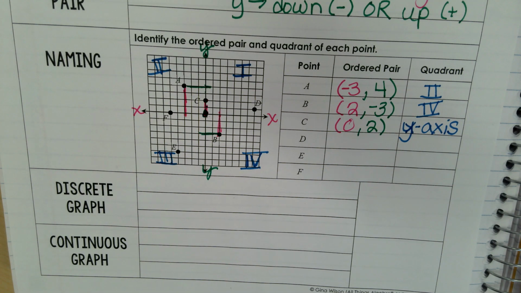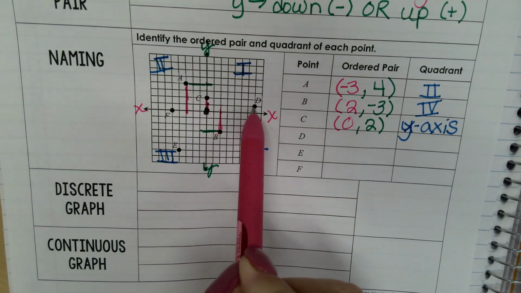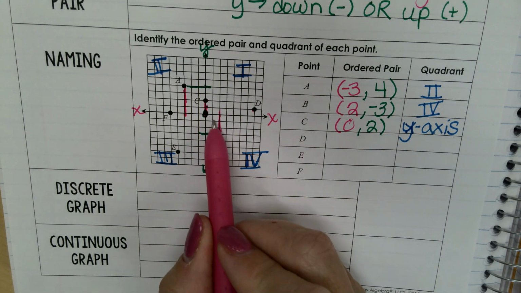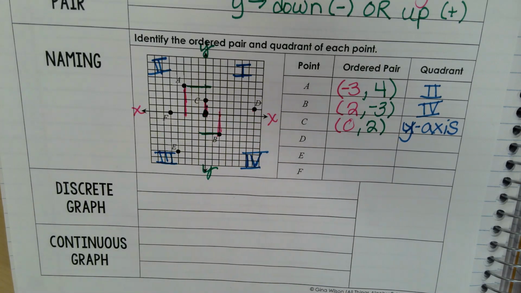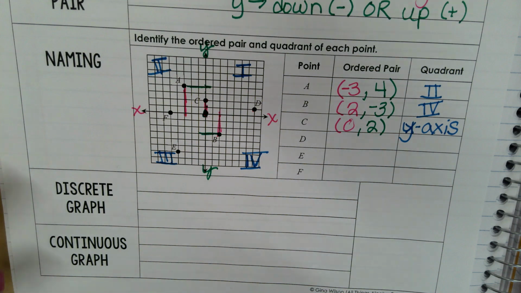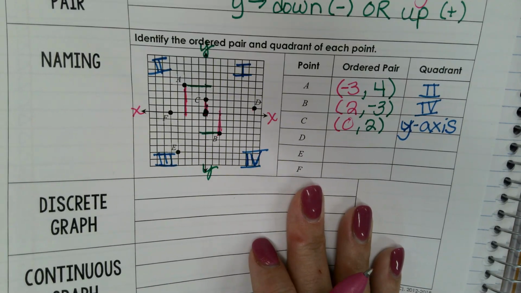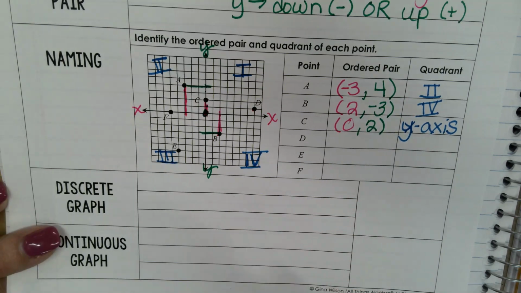All right, point D. Find the coordinates for point D. So take a second, find the ordered pair for point D. D is right over here. What is the GPS coordinates for point D? All right, Grayson, how many did you go right? 7.